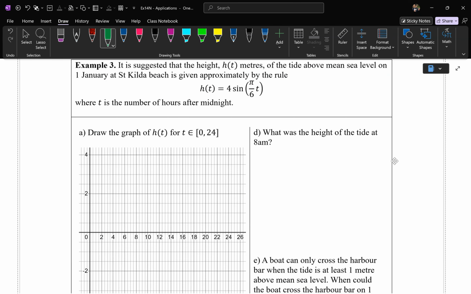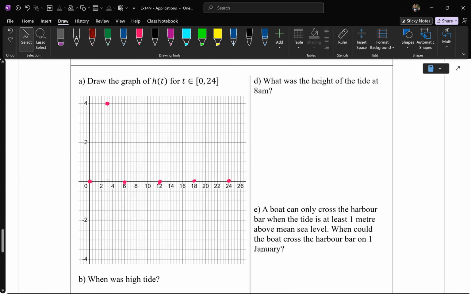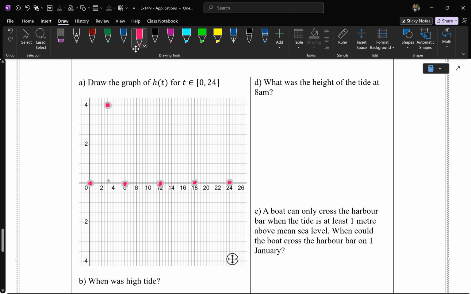So you should have got key intercepts 0, 6, 12, 18, 24. Amplitude is 4 and halfway is 3. So 3 is somewhere here, 3, 6. Where are the other ones?